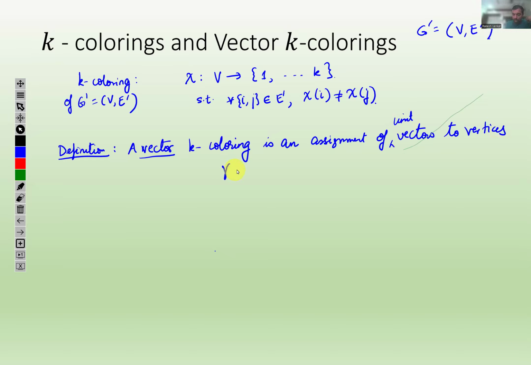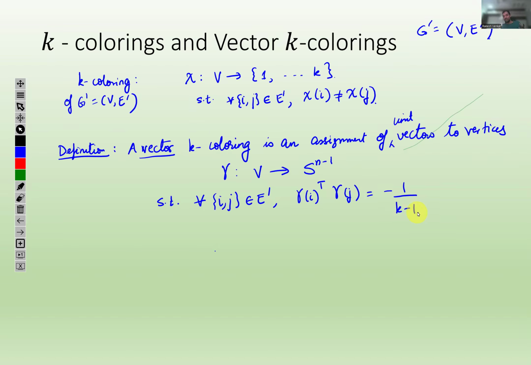Let me call that gamma, which goes from V to S^(n-1). But notice that currently there's no notion of K coming in here, and it will come in soon, such that for all ij in E prime, the inner product between gamma of I and gamma of j should be equal to minus 1 over k minus 1.